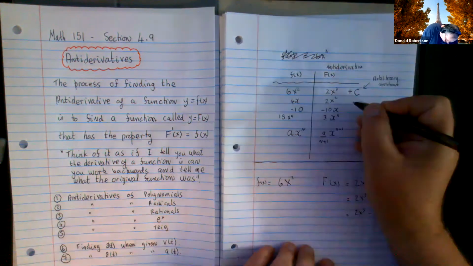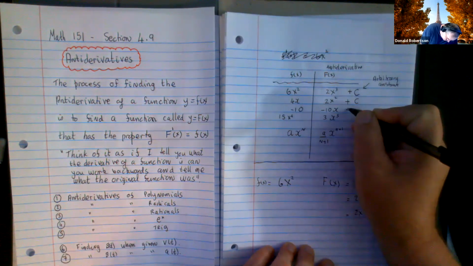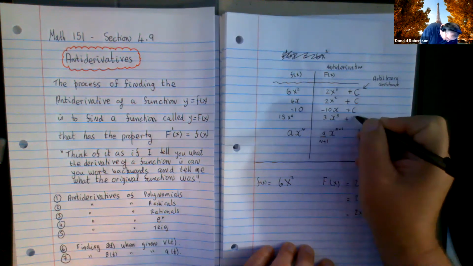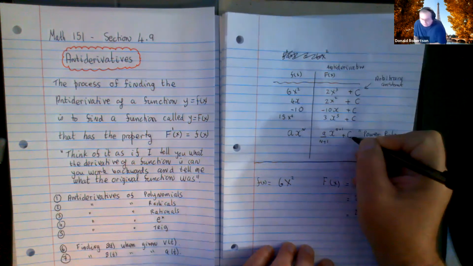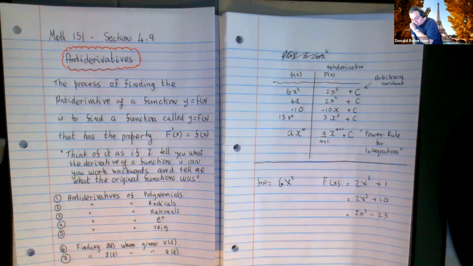So every single one of these, and now it's 100% right. So whenever you find an antiderivative, will you please remember to do the +c at the end? It seems trivial, but it needs to be there or you haven't answered it fully.